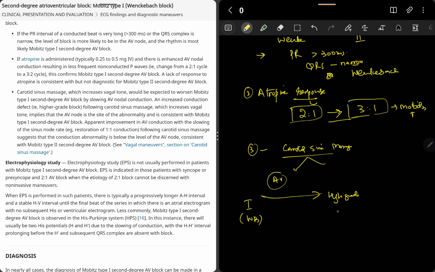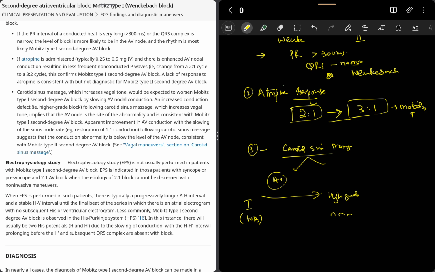That is, 2 P waves or more than 2 P waves will not be consecutively conducted towards the ventricles, but after that P waves will be conducted to the ventricles.